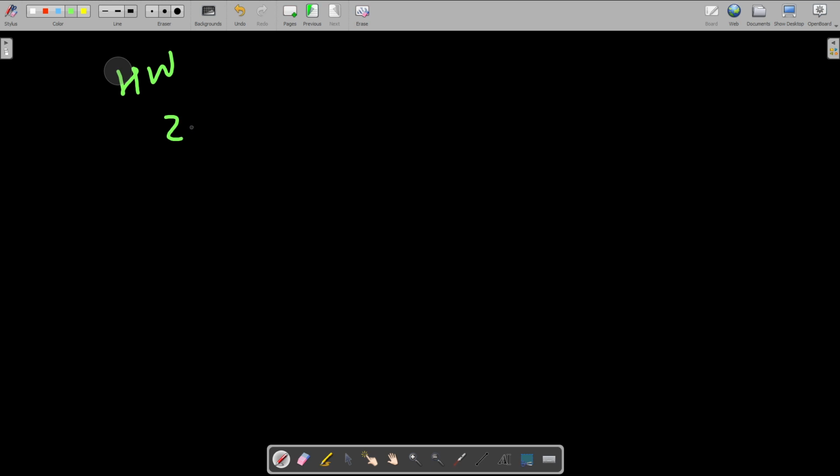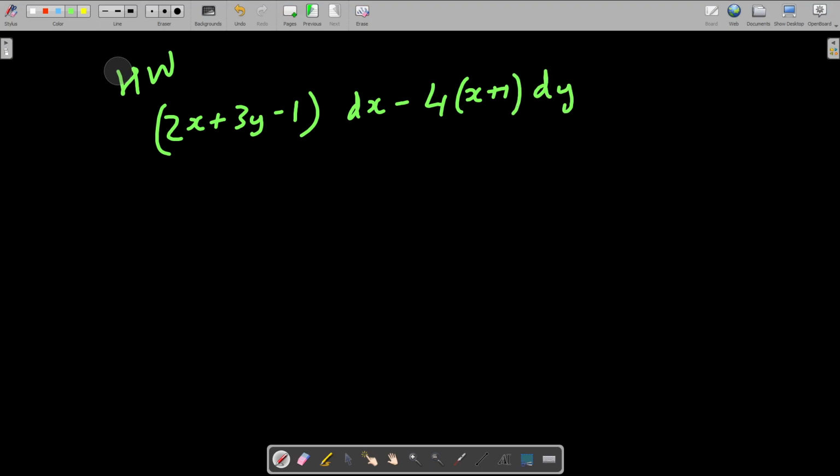This is written as like this: 2x plus 3y minus 1 dx minus 4 times x plus 1 dy is equal to 0. Okay, solve this one for homework.